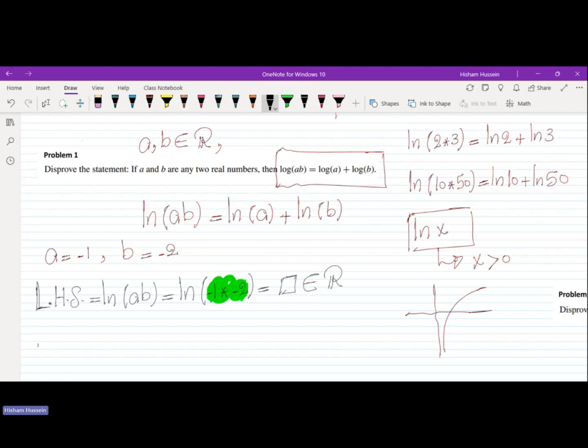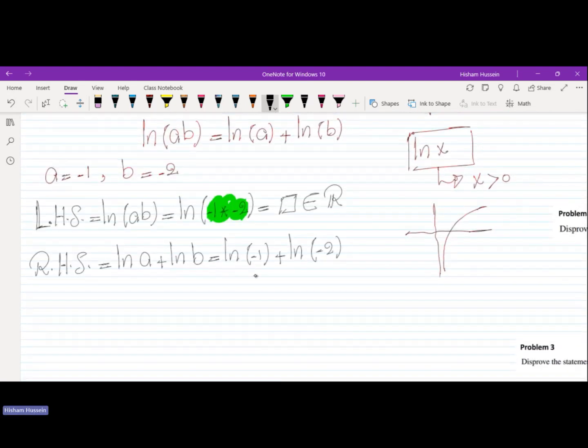What about the right hand side? Actually, in the right hand side we have two problems. The first problem is ln A plus ln B. What is ln A? This is ln of negative 1. What is ln B? This is ln of negative 2. Both do not belong to the domain of ln.